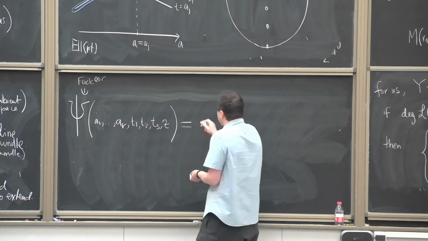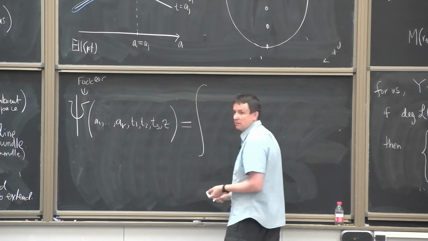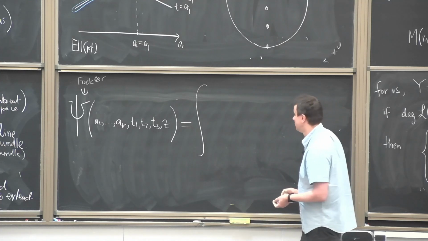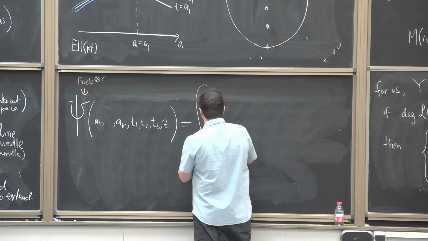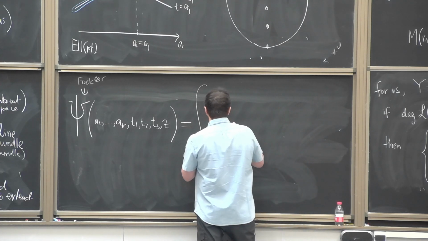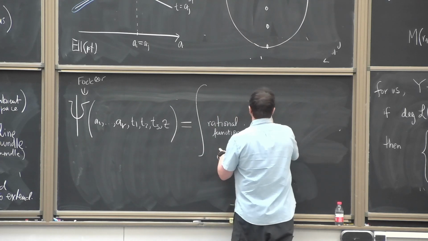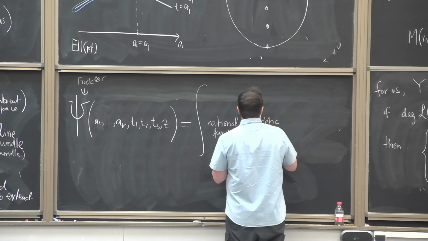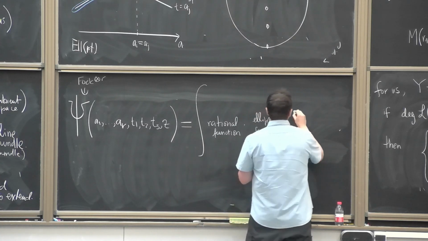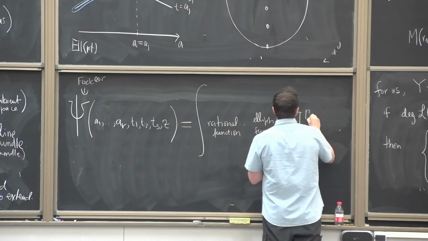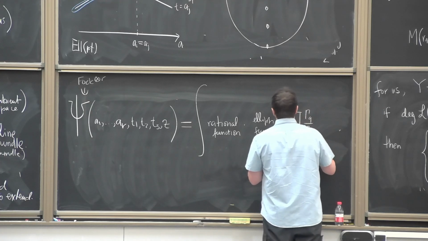I can say it is in fact an integral of some rational function, times an elliptic function, times a product of some Q gamma over Q gamma.